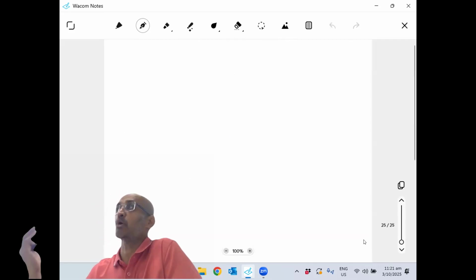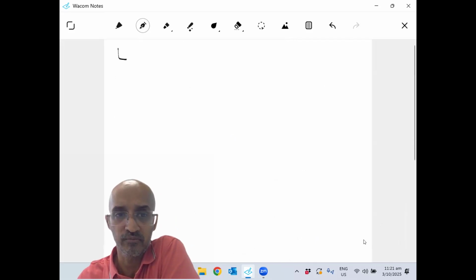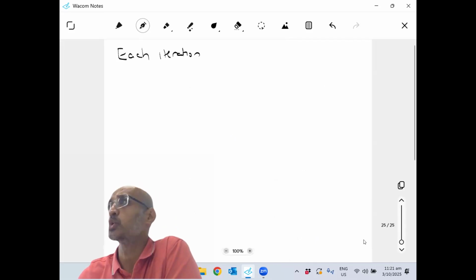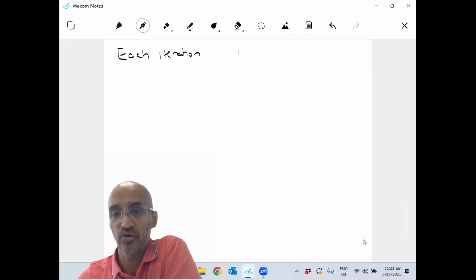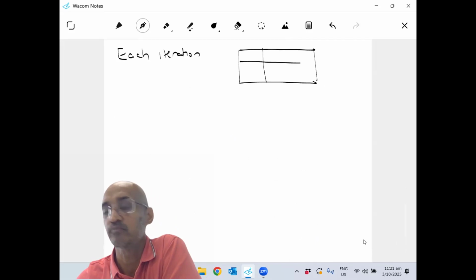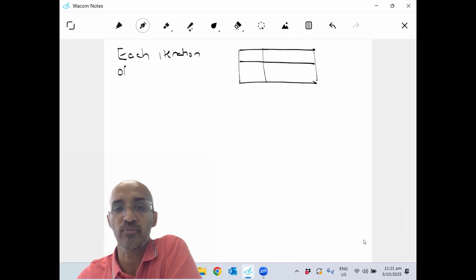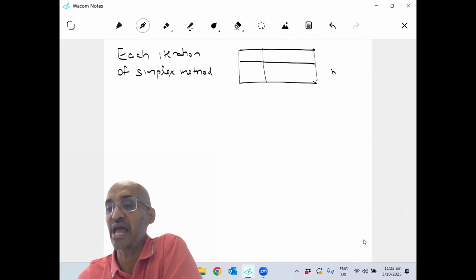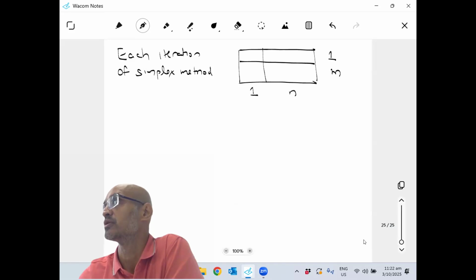Okay. Now, if you think about each step of the simplex method, each iteration, what are you doing in each iteration of the simplex method? You have this tableau which you are updating, right? Each iteration of the simplex method, what is the size of this? Roughly, I mean, if you're very precise, there's m rows here, there is one row here, there is one column here, and n columns here.